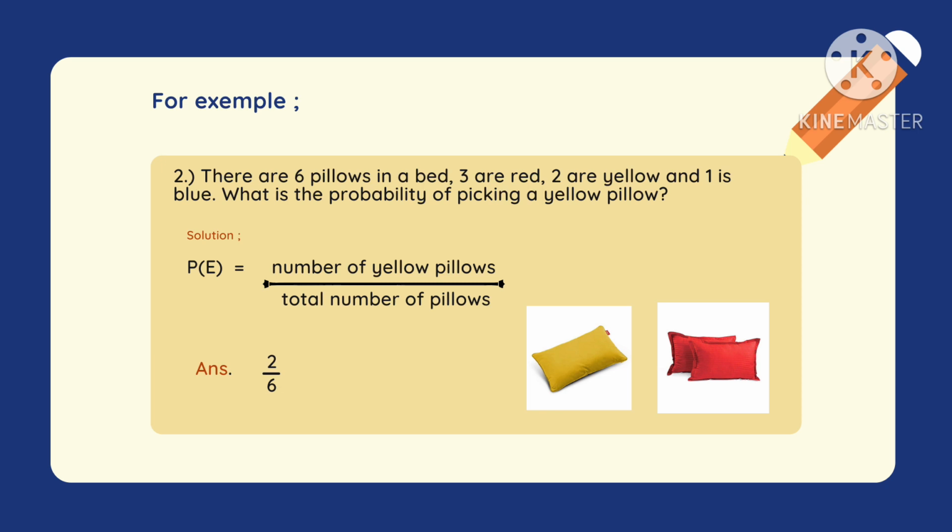What is the probability of picking a yellow pillow? Solution. Consider from the question. There are 6 pillows on a bed, and there are 2 yellow pillows. So the probability of picking a yellow pillow is the number of yellow pillows divided by the total number of pillows, equal to 2/6.